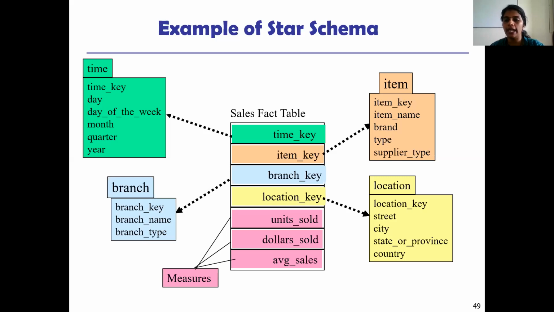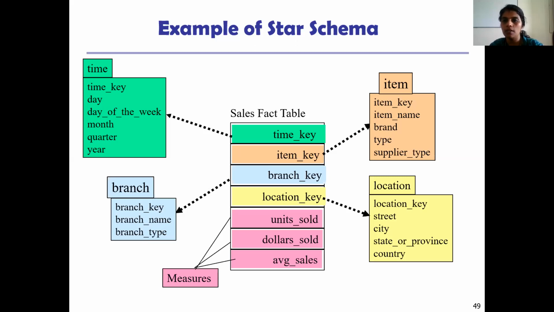If you have to tell a location, you have to mention street, city, state, and country. Similarly, when you are defining a branch, you will have a branch name and a type. Similarly, time will have day, day of the week, month, which quarter it belongs to, and which year it belongs to.